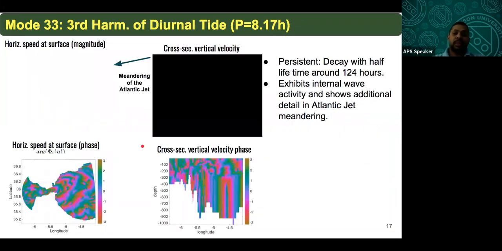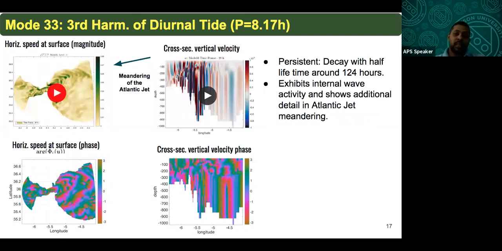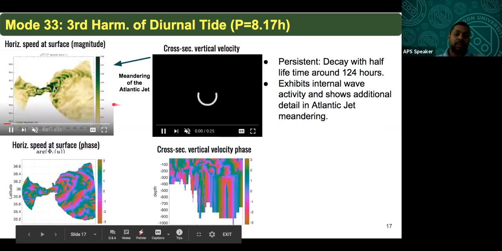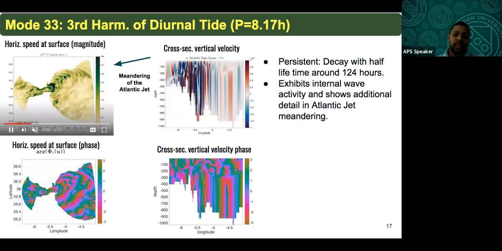We can further emphasize that when we consider the harmonic of the semi-diurnal, we can see the detail about those meanderings, and also the generation of the internal waves as well, and the flow of the internal waves.